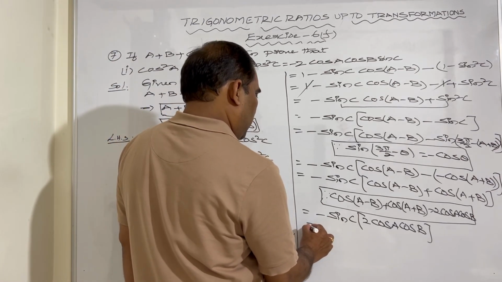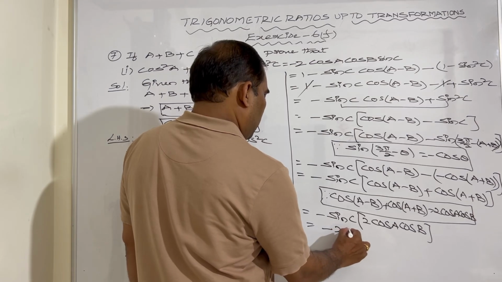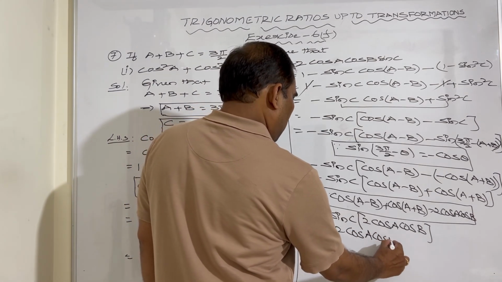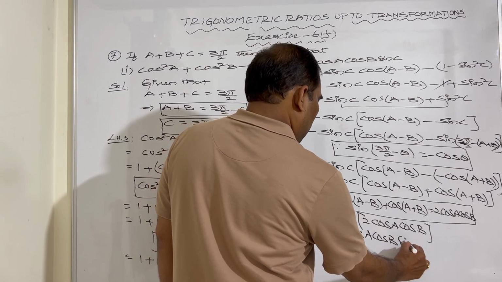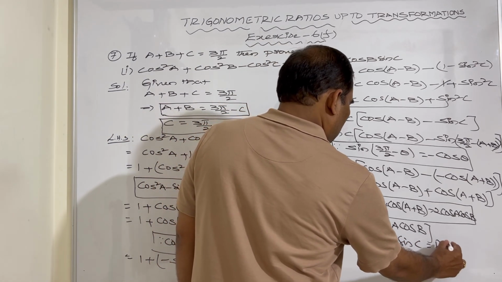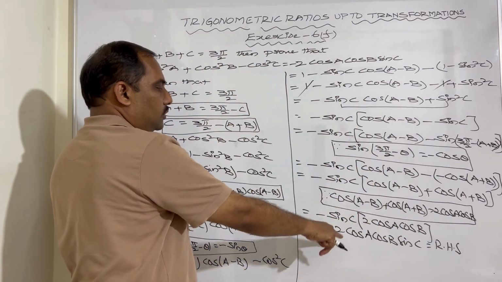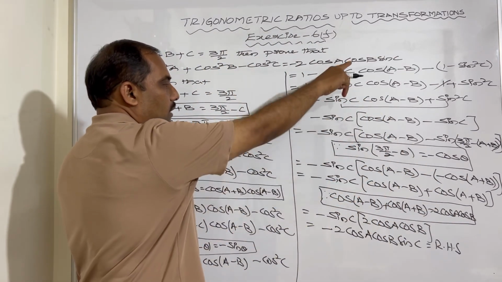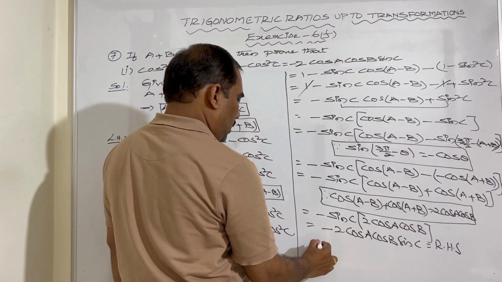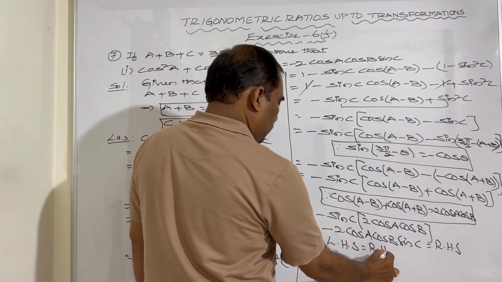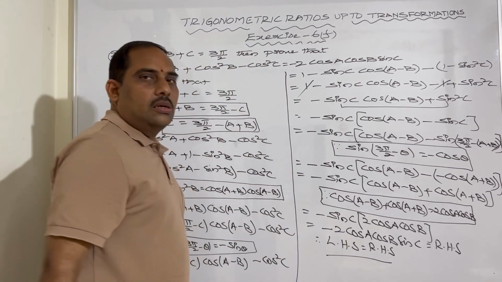So finally we get minus 2 cos a into cos b into sin c. See, if you observe that this is only the RHS we require to prove, minus 2 cos a cos b sin c. So therefore LHS is equal to RHS. So like this we can prove that.